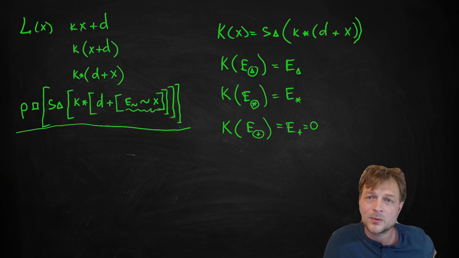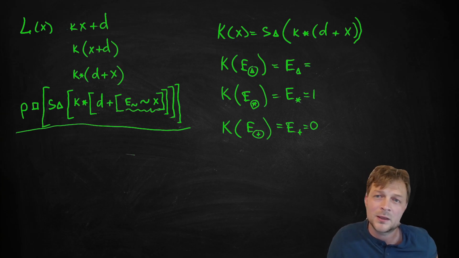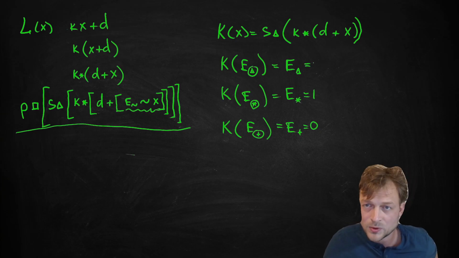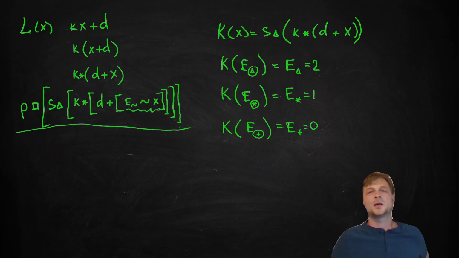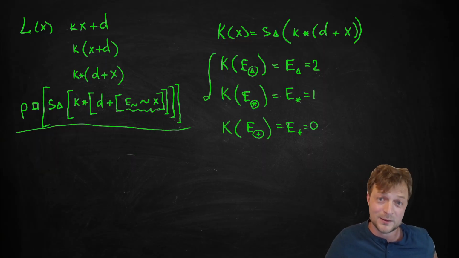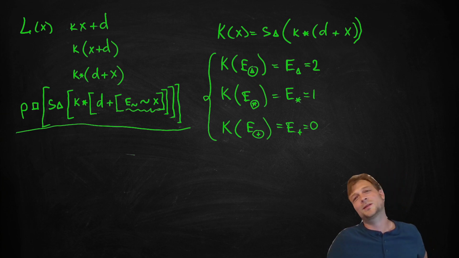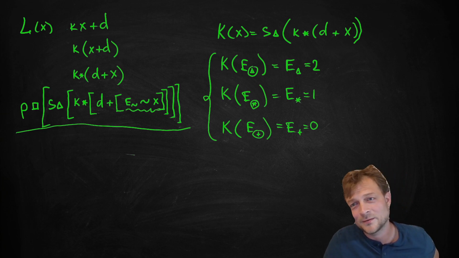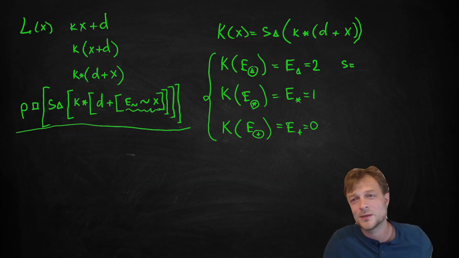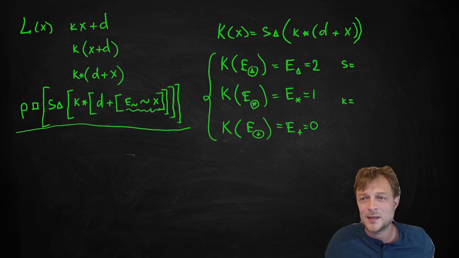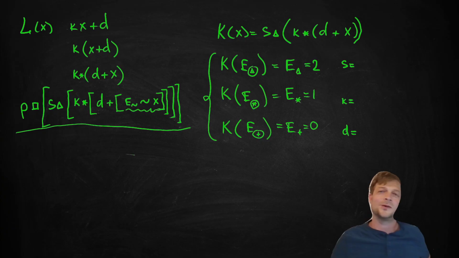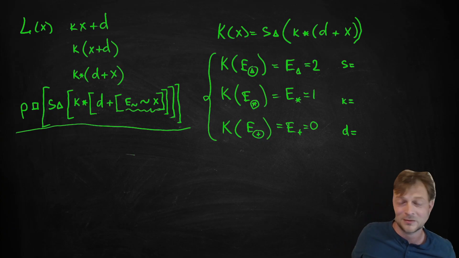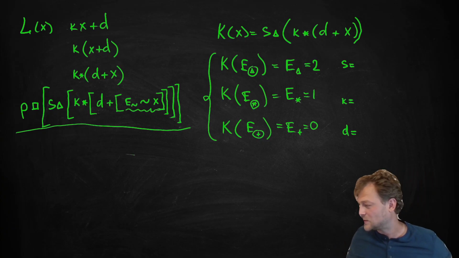This is 0, this is 1. Let's say we talk about base 2, and then we can set this. And we have a system of equations, and we have S as the first unknown, K the second unknown, and D the third unknown. You can practice a little bit and solve these equations, and I just write out the solution.